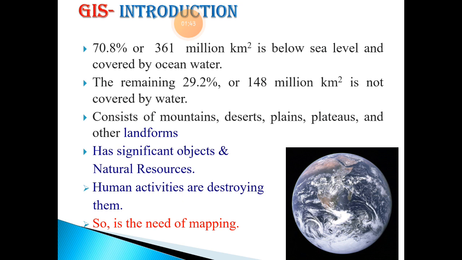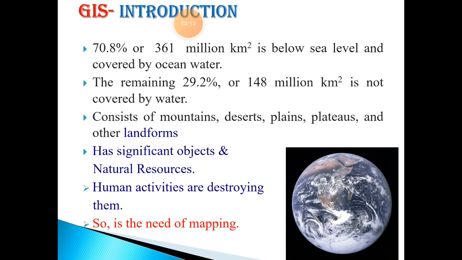148 million square kilometers, forms the areas of land and ecosystems that include mountains, deserts, plains, plateaus, and other forms of land. These landforms are generally noted as terrestrial biomes. It is richly provided with wide natural resources and significant objects.